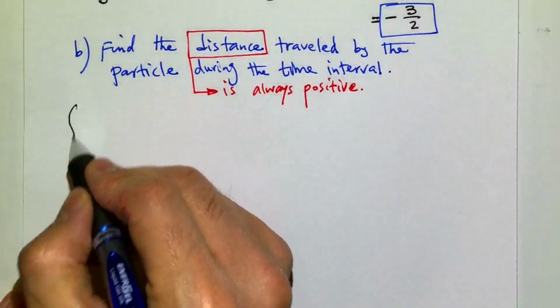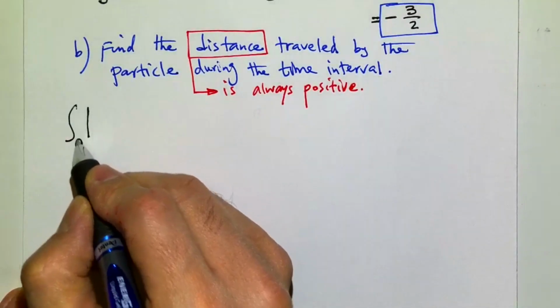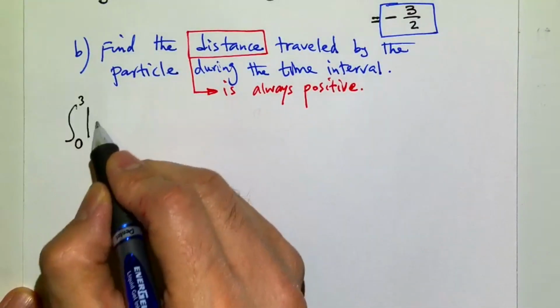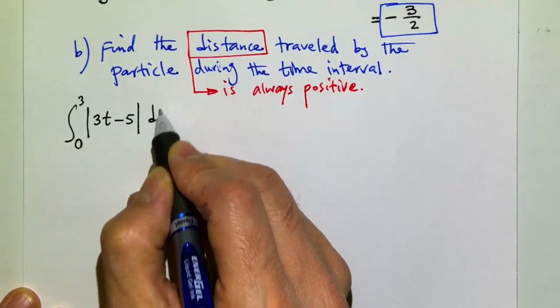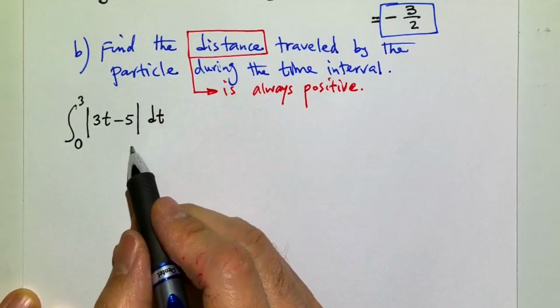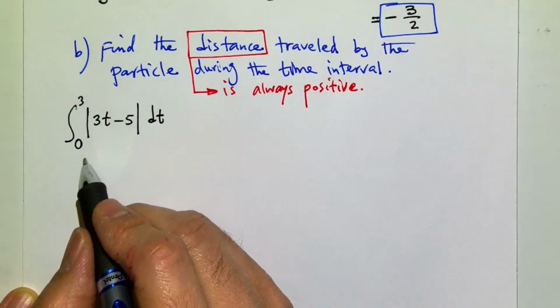So we have the integral going from 0 to 3 of the absolute value of 3t minus 5 dt. Let's apply the absolute value definition.